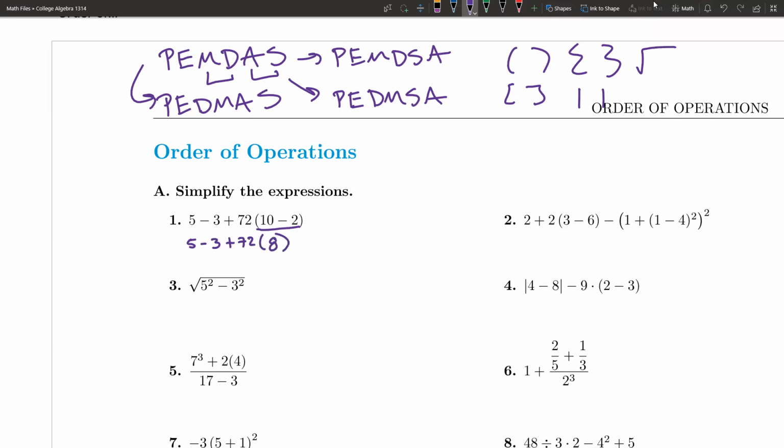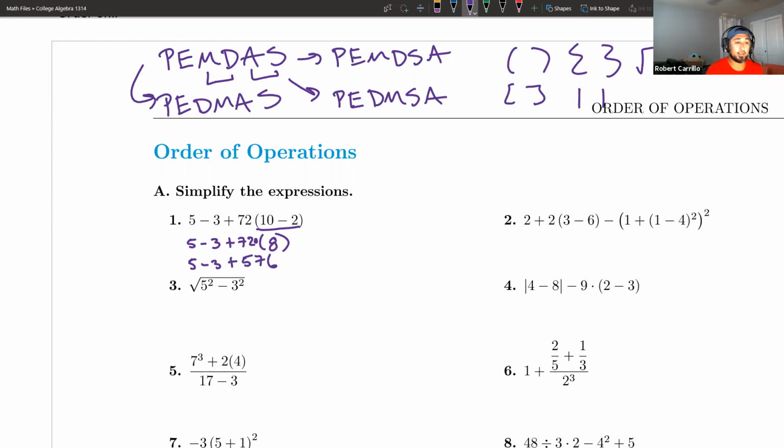Now remember, when you have a number attached to a parentheses, the operation is multiplication. So now going from left to right again, we have 5 minus 3 plus whatever 72 times 8 is. What's that? 576.